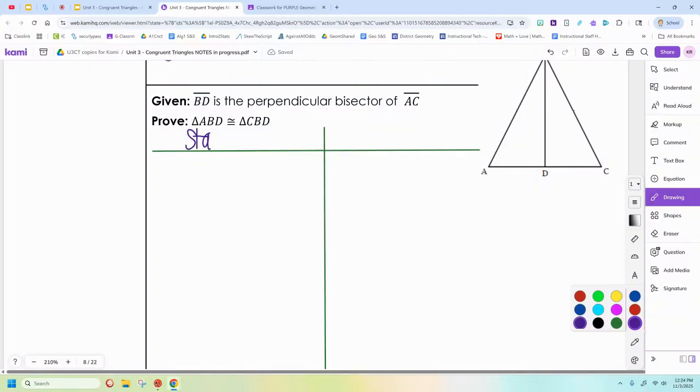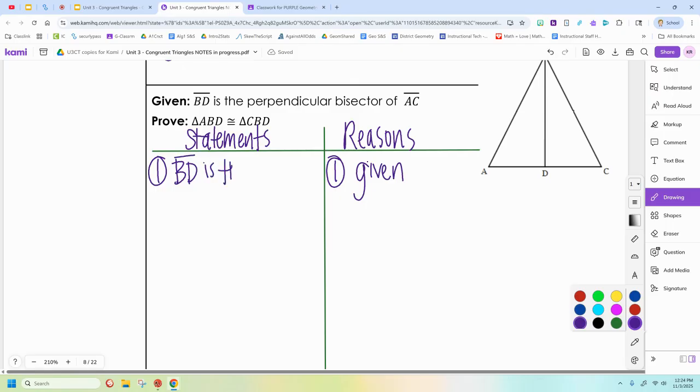Statements is on the left. If you want to abbreviate perpendicular, the easiest way is to make the symbol, honestly, right?